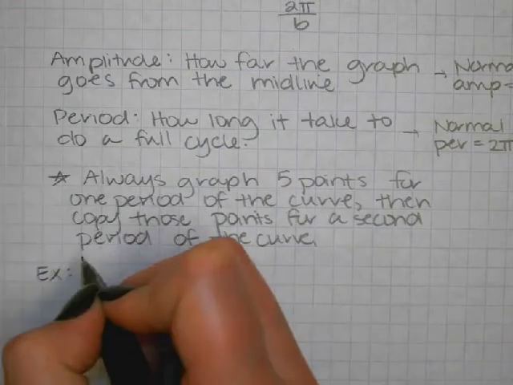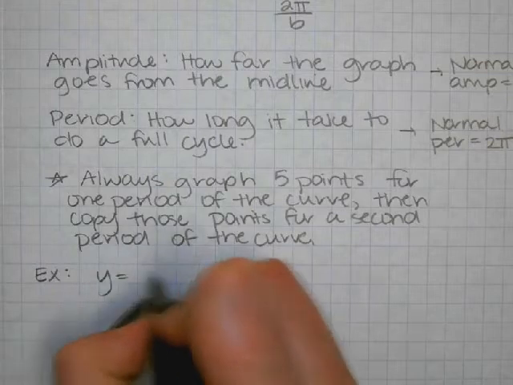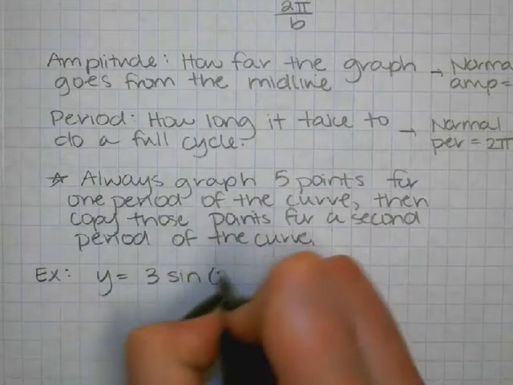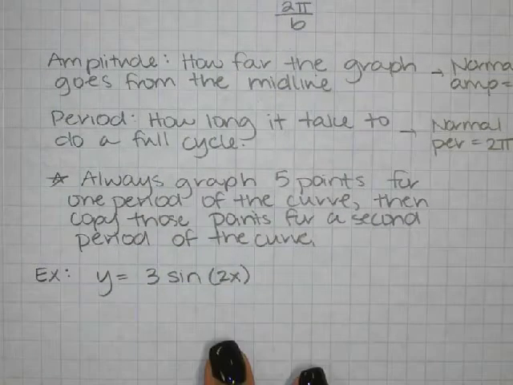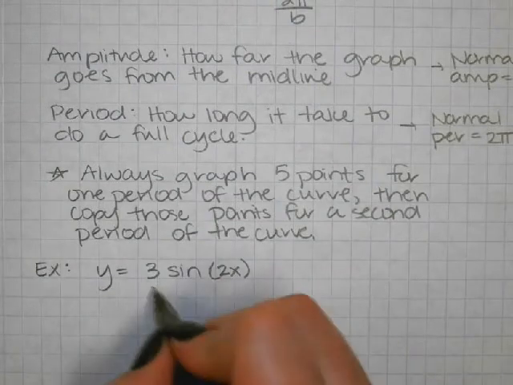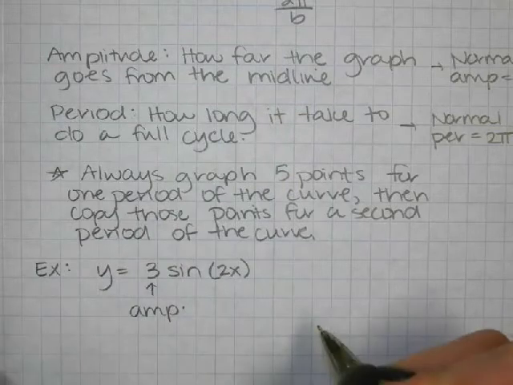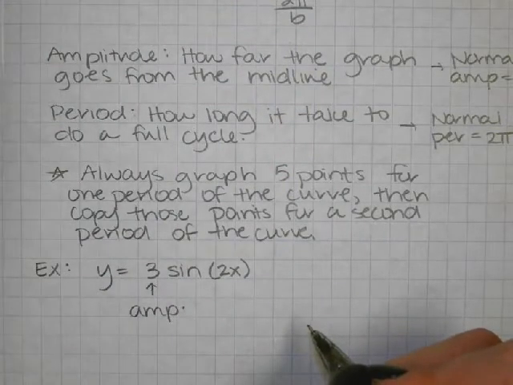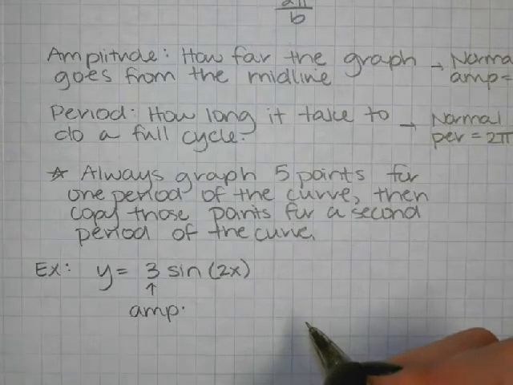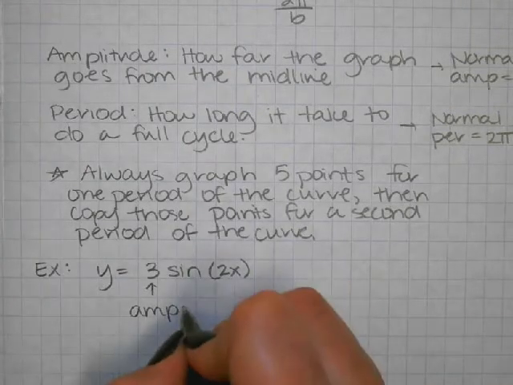So the first one we're going to do is we're going to graph y equals 3 times sine of 2x. All right, so in this problem, 3 is the amplitude, and this is a positive value, and so that means that it has not been reflected over the x-axis. So it has an amplitude of 3.